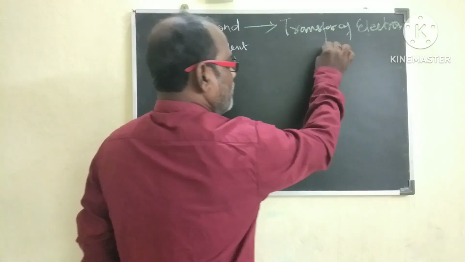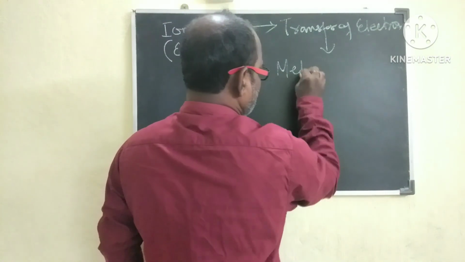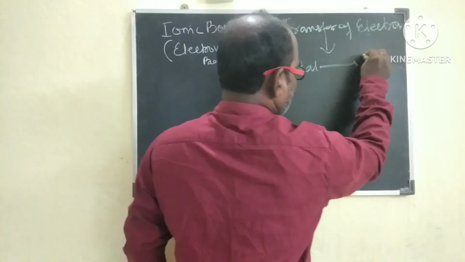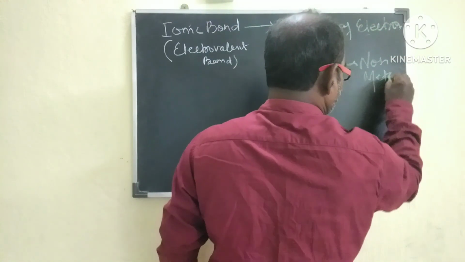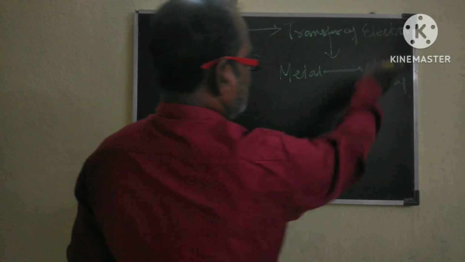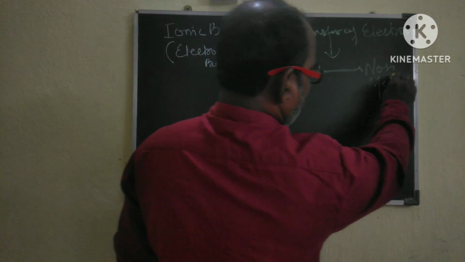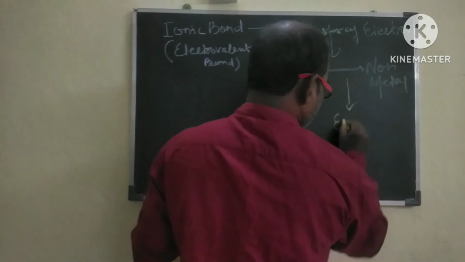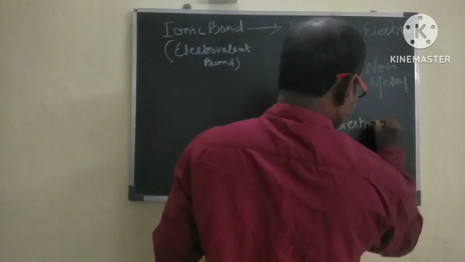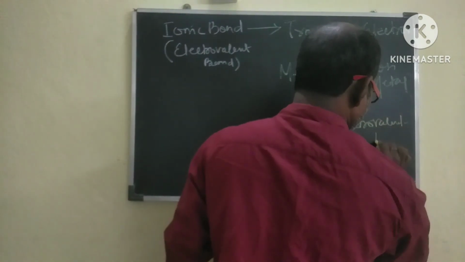It is from metal to non-metal. When there is a transfer of electrons from metal to non-metal, then finally they form electrovalent bond.